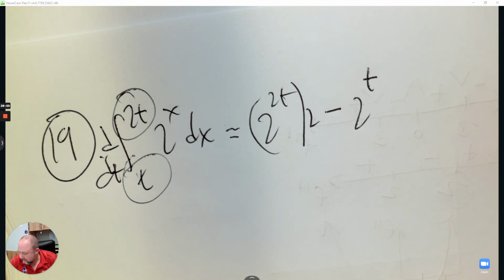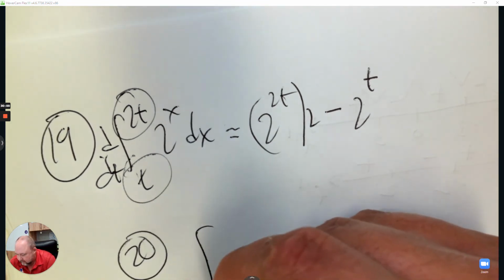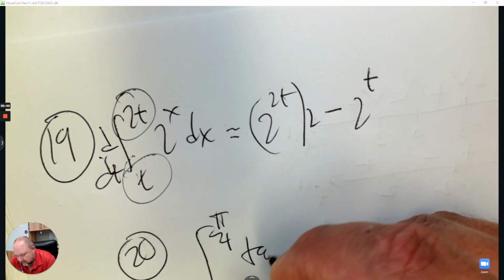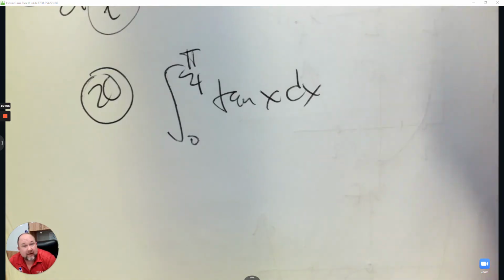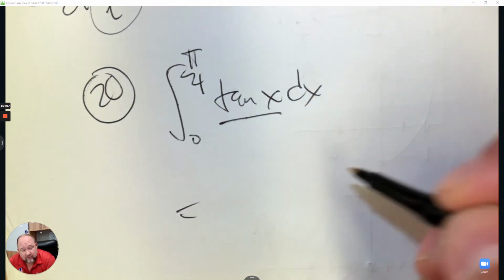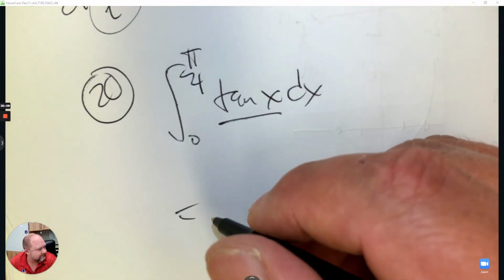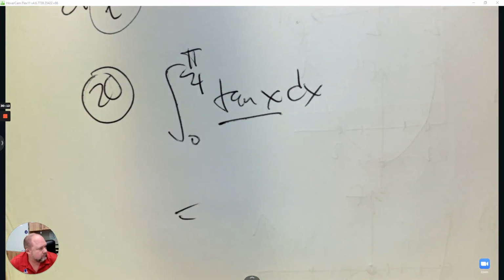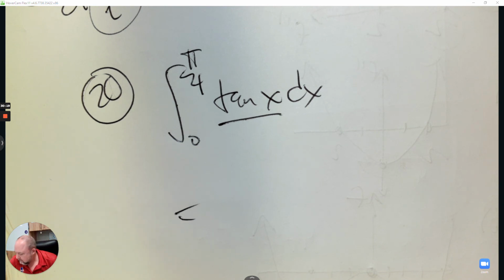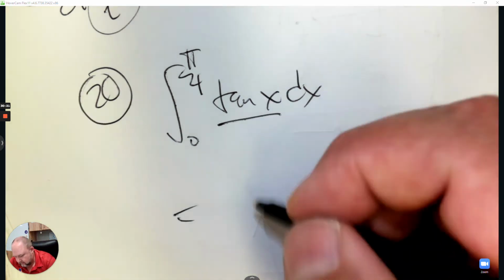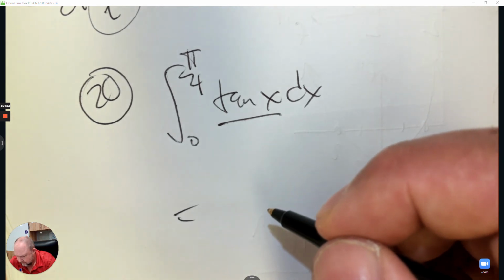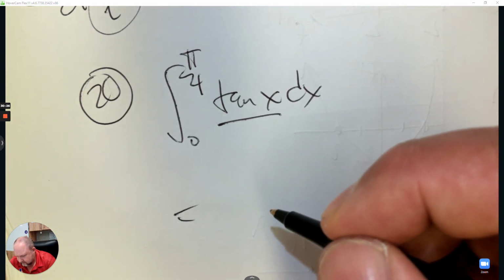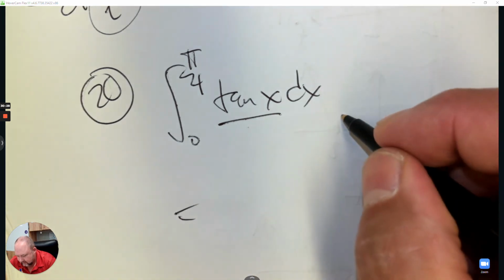For number 20, find the value of this definite integral. So we're going to integrate from 0 to pi over 4. We've got to know our integration rules. The derivative of tangent is secant squared.